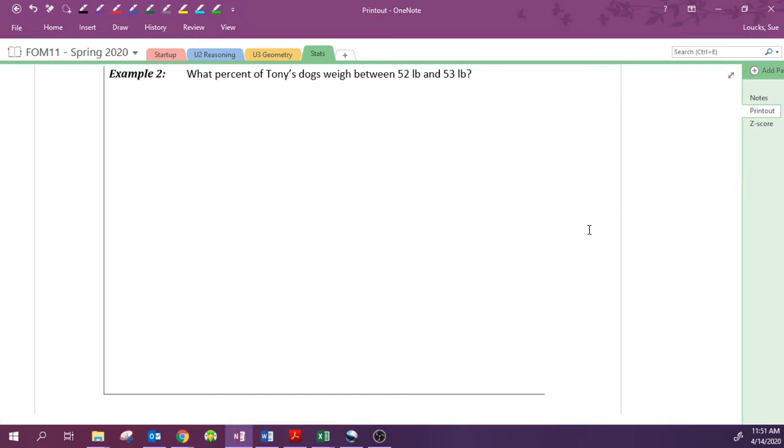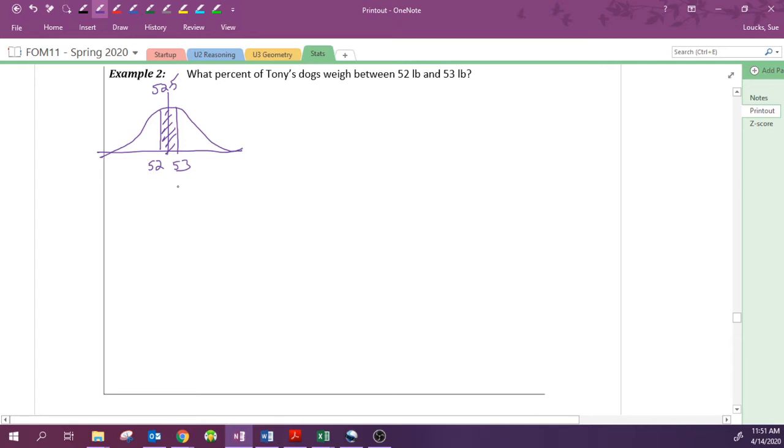So I'm going to do a quick sketch. Quick, terrible sketch, probably. All right, we know that our mean is at 52.5, and we want to know how many are in this little bit here, between 52 and 53.